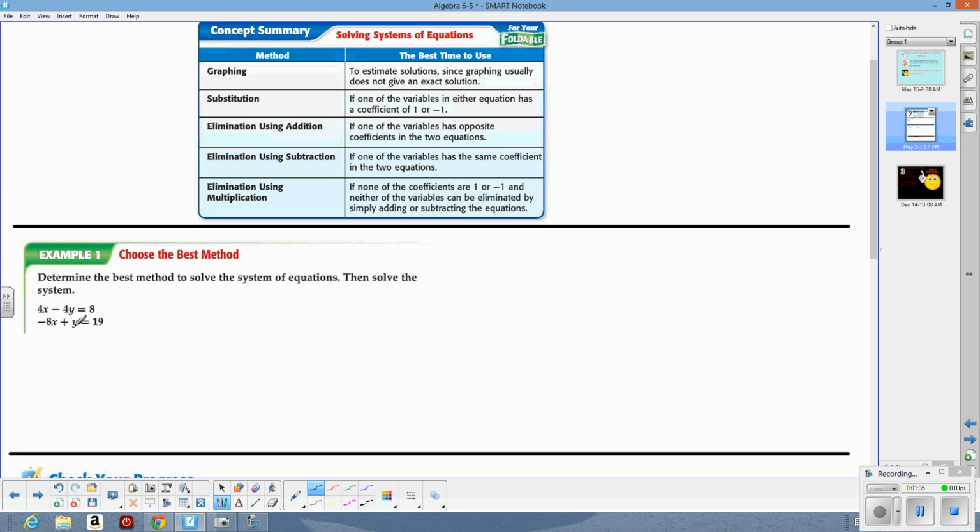So let's go ahead and solve this bottom equation for y. I'm going to do so by adding 8x to both sides. So I end up with y equals 19 plus 8x.